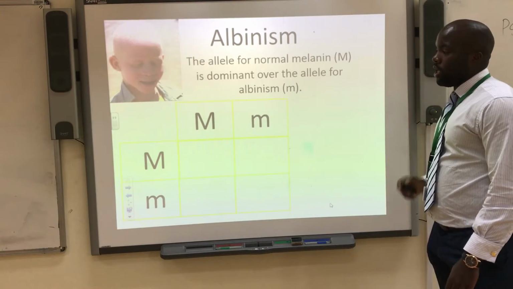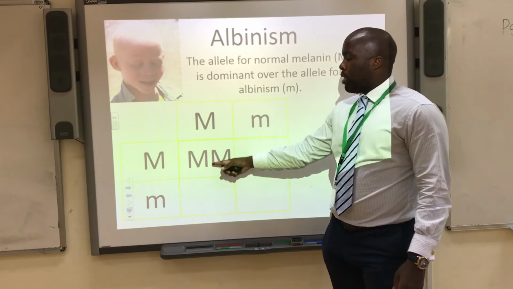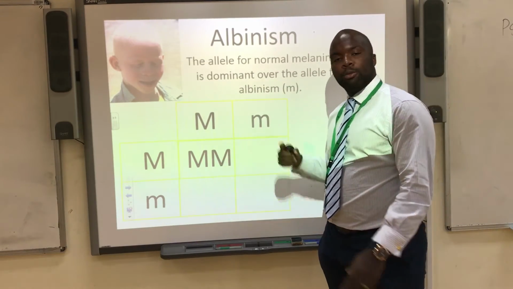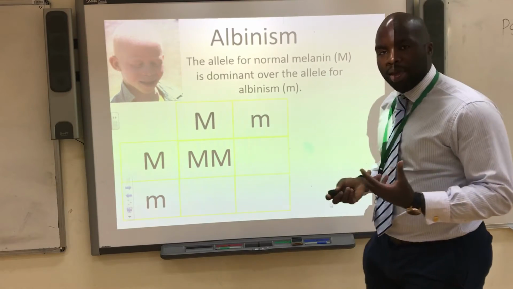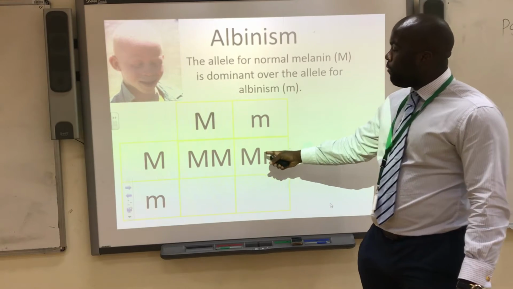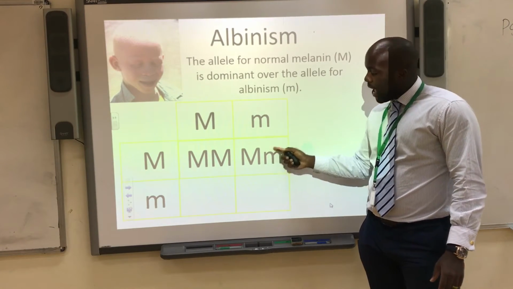So if we have a look, the first combination comes out homozygous dominant. So this codes for normal melanin without albinism, so the individual would not be albino. This combination, again, codes for the person not being albino, because although there's a recessive allele, it has a dominant allele.